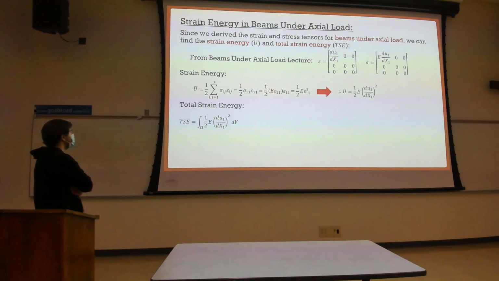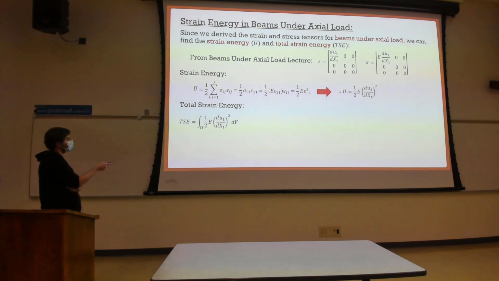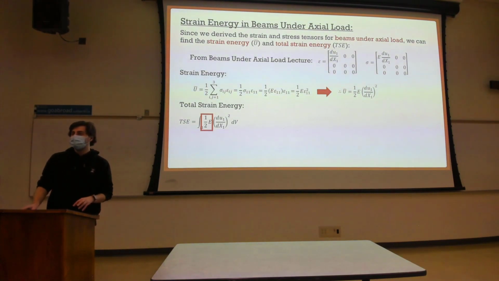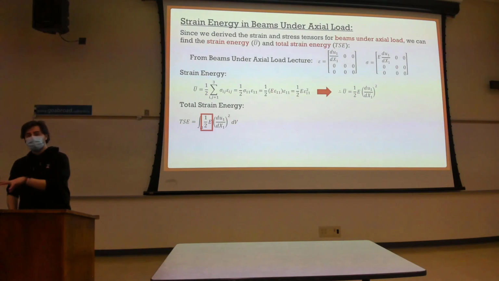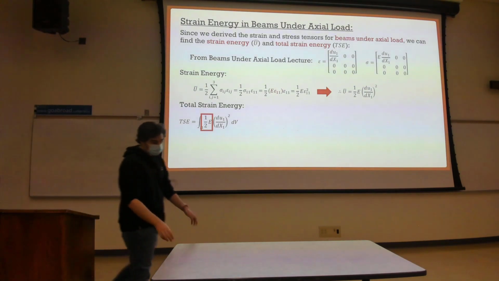Nice and simple. So if we want the total strain energy, again, we go back to our formula. We're just integrating what our stored strain energy is over the domain. And if we were to look at this first part right here, 1/2 of E. Does E, our elastic modulus for linear elastic materials, change over the volume? Let's say that this was a steel beam.